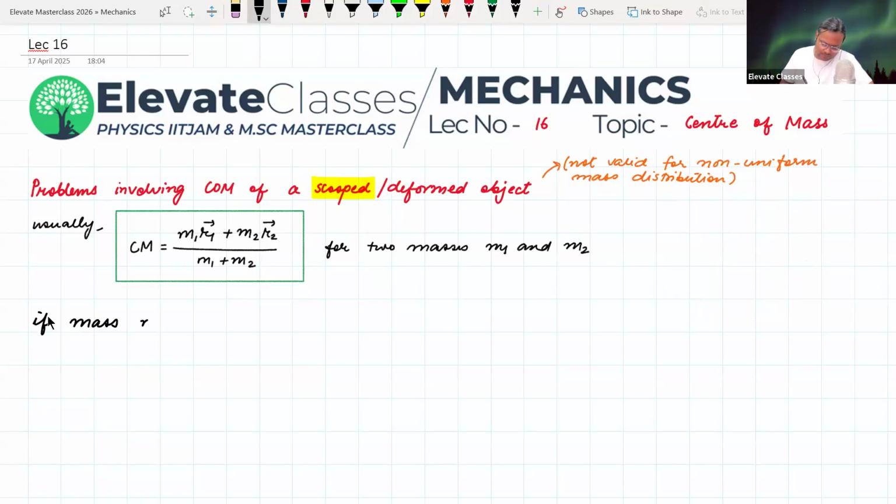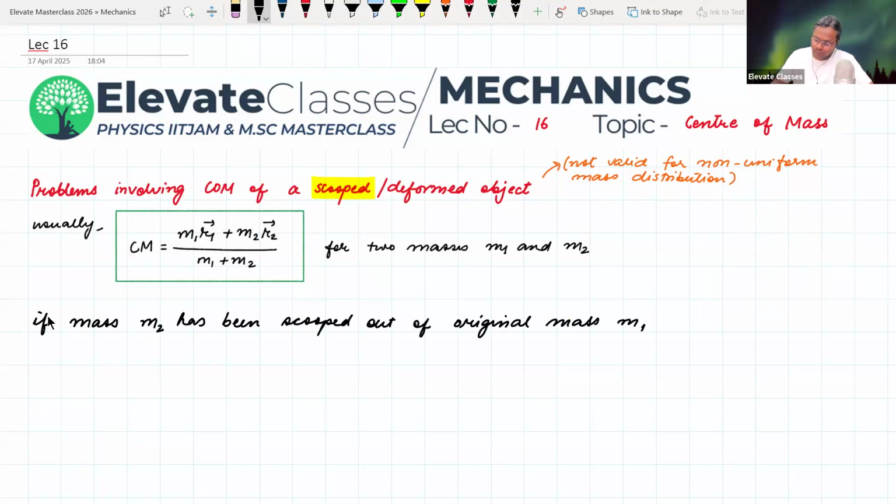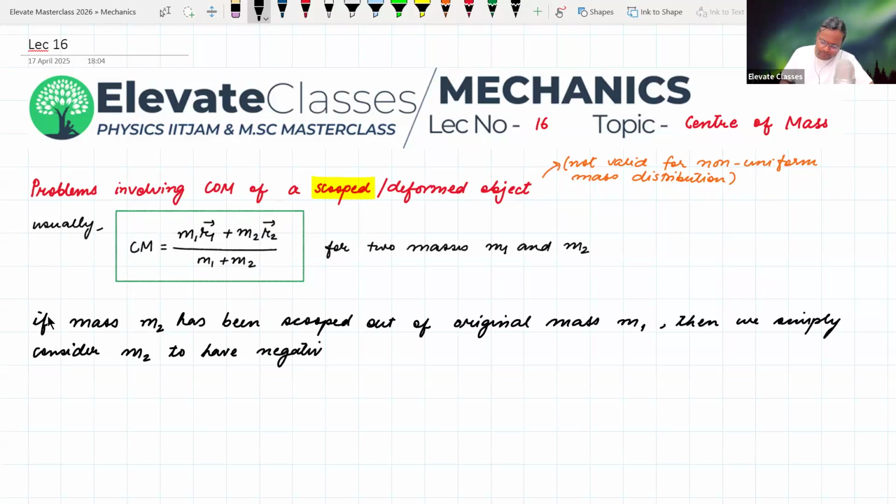So if mass m2 has been scooped out of original mass m1, then we simply consider m2 to have negative mass density.